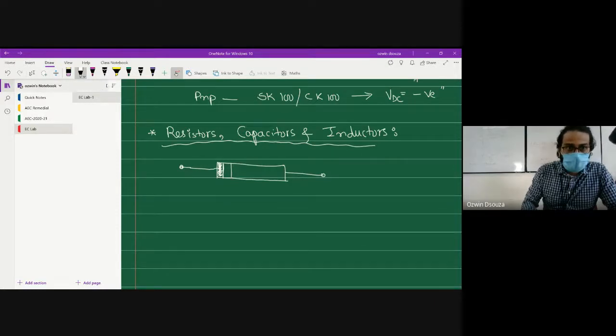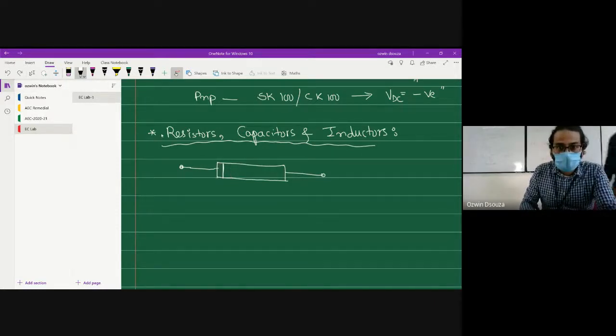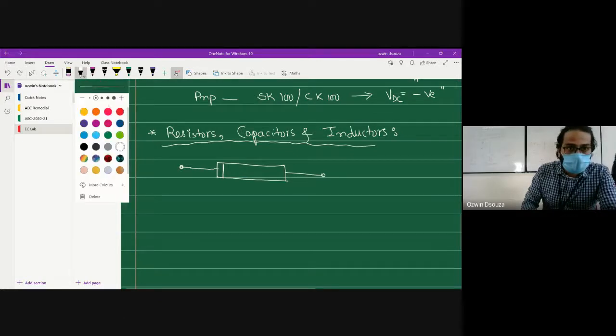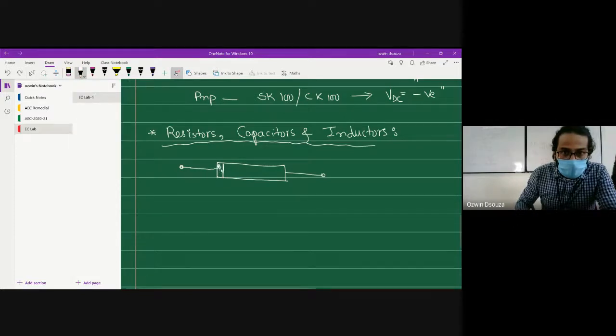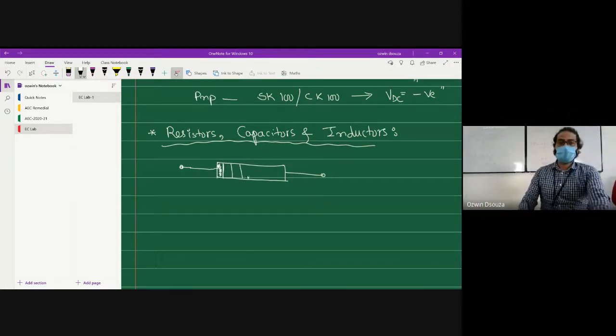First band, second band, third band, and fourth band.